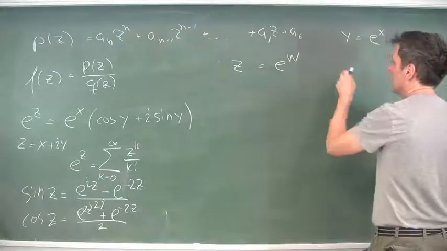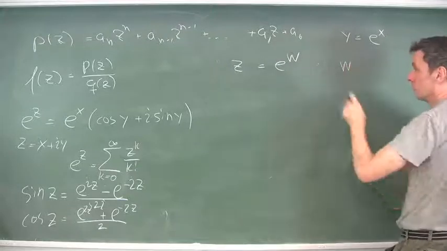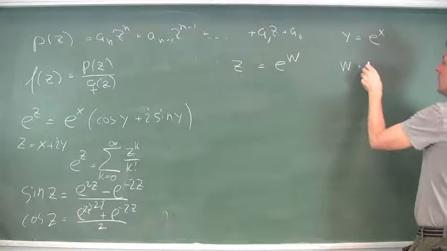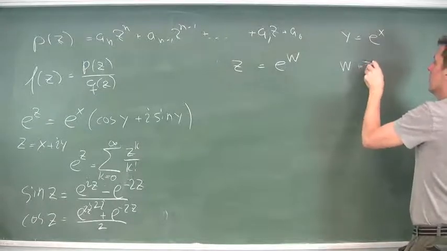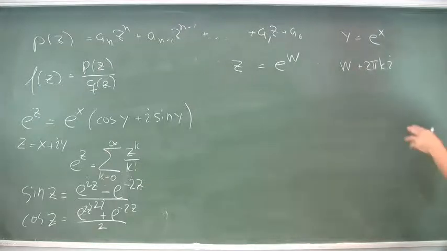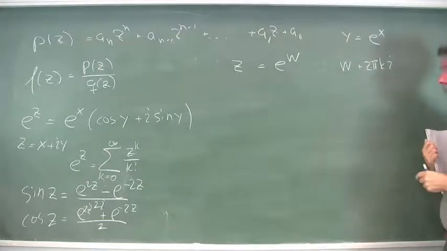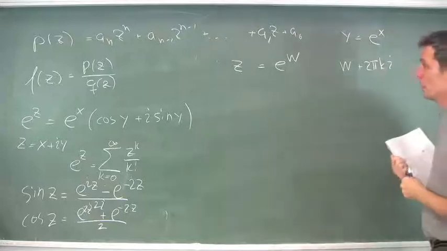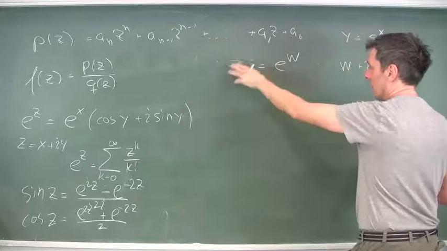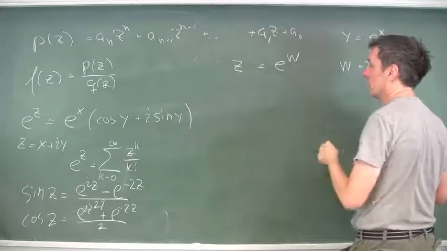In fact, if w is a solution to this equation, then also w plus 2 pi ki will be a solution for any integer k. Well, so how should we proceed then? Well, let's have a look at what the solution will be here now.